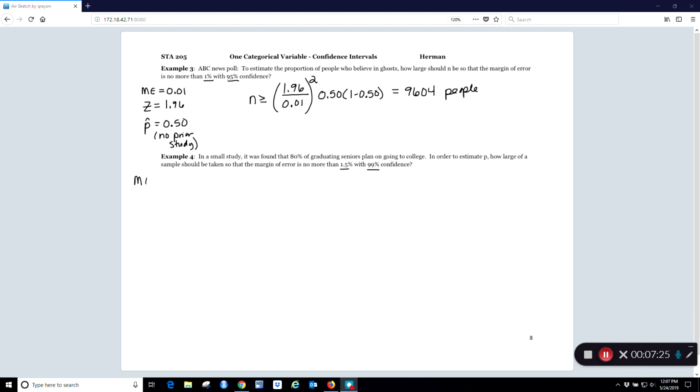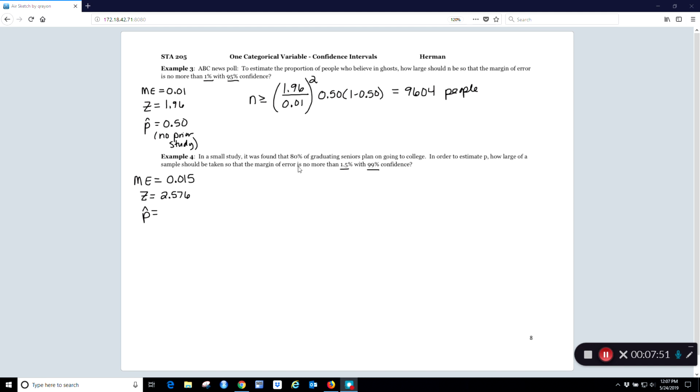So my margin of error is that 1.5% as a decimal, so dividing by 100% will give me a margin of error of 0.015. The 99% confident just tells me to use that little chart to get my z of being at 2.576. And then finally, what should we do about p hat here?